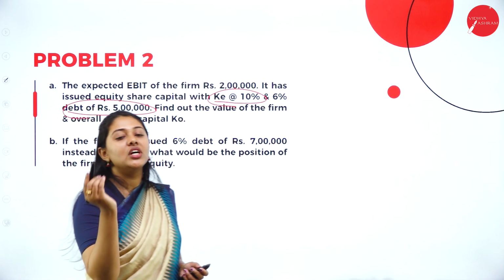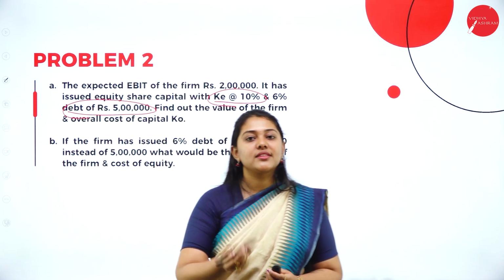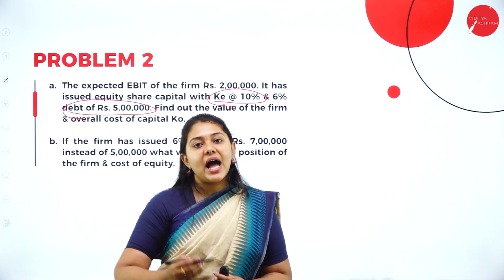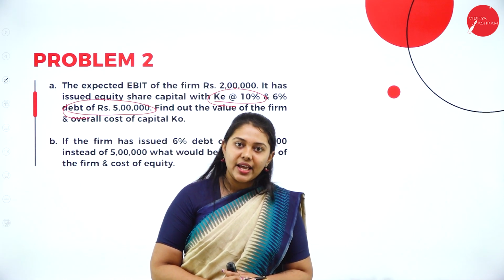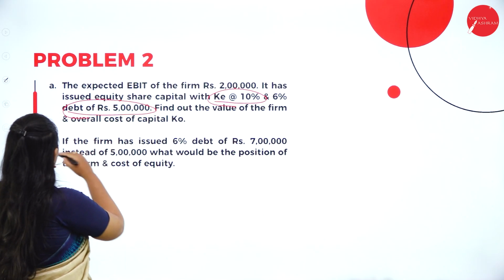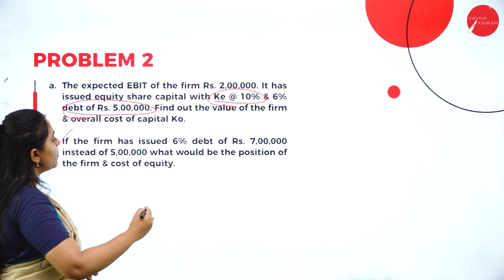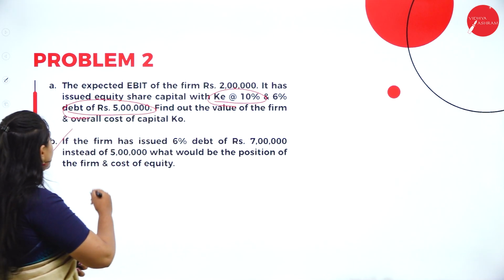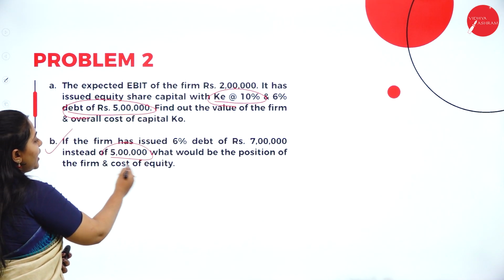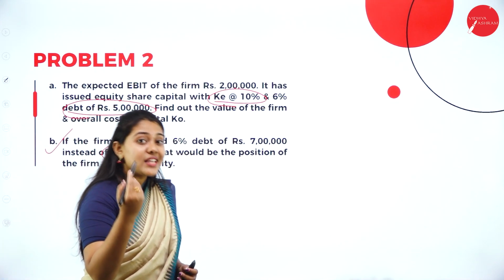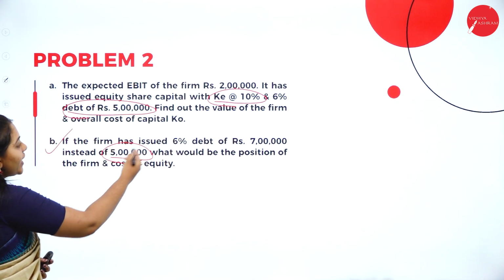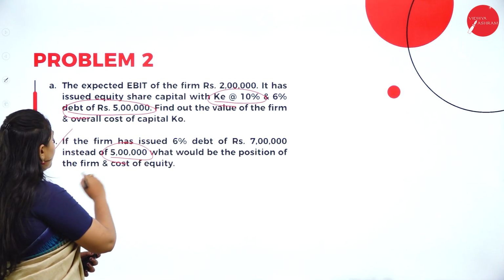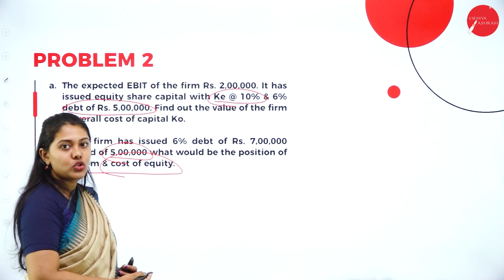So in your NI approach, as I have told you, my dear students, in your examination they will ask you to calculate the value of the firm as well as the overall capitalization rate. The next part of the question: if the firm has issued 6% debt of rupees 7 lakh instead of 5 lakh, with the same interest rate, what would be the effect on the position of the firm and the cost of equity?